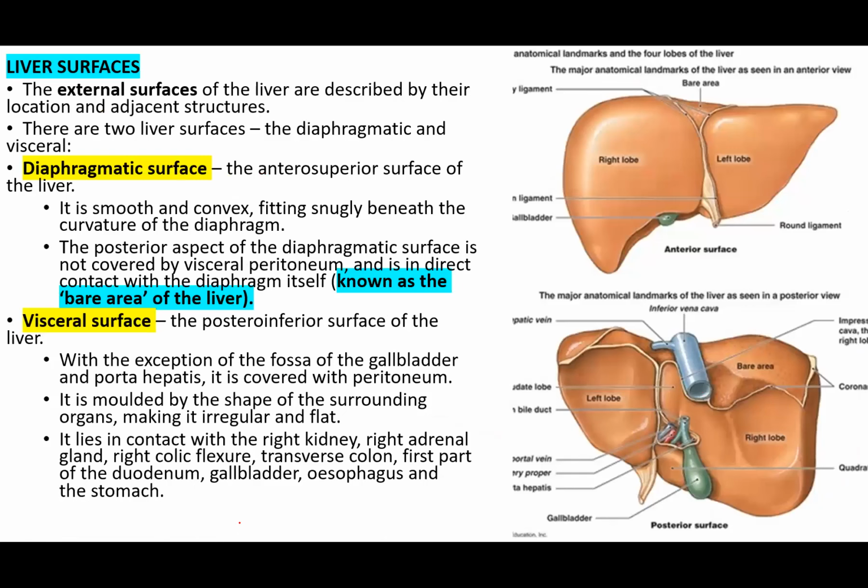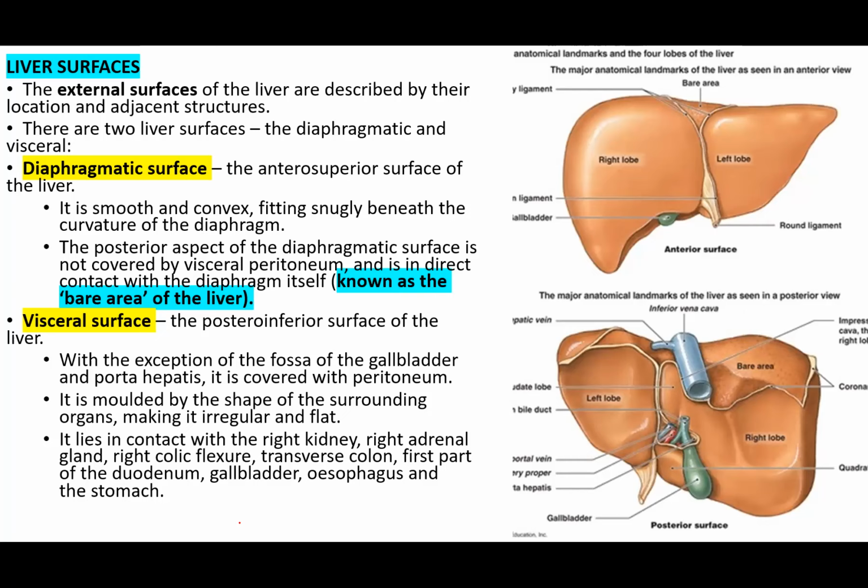Now, these are the surfaces of the liver. There are two surfaces, the diaphragmatic surface as well as the visceral surface. The external surfaces of the liver are described by their location and adjacent structures.